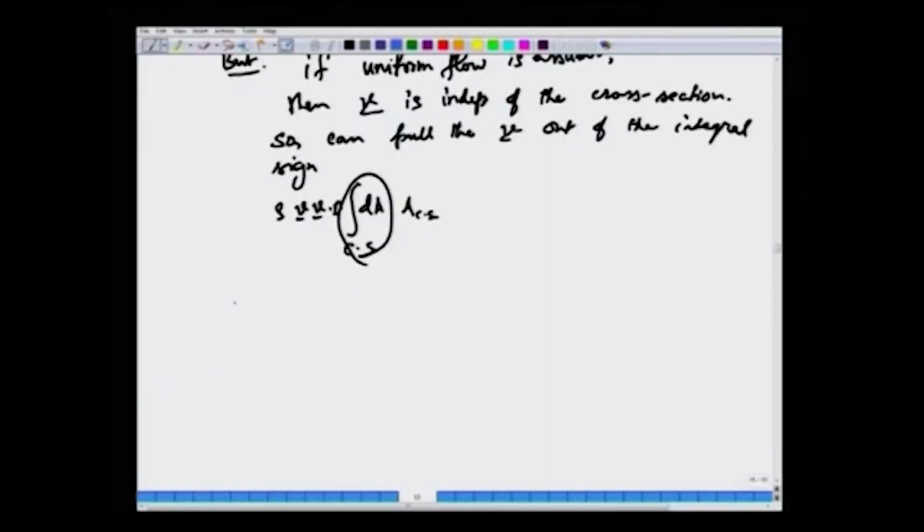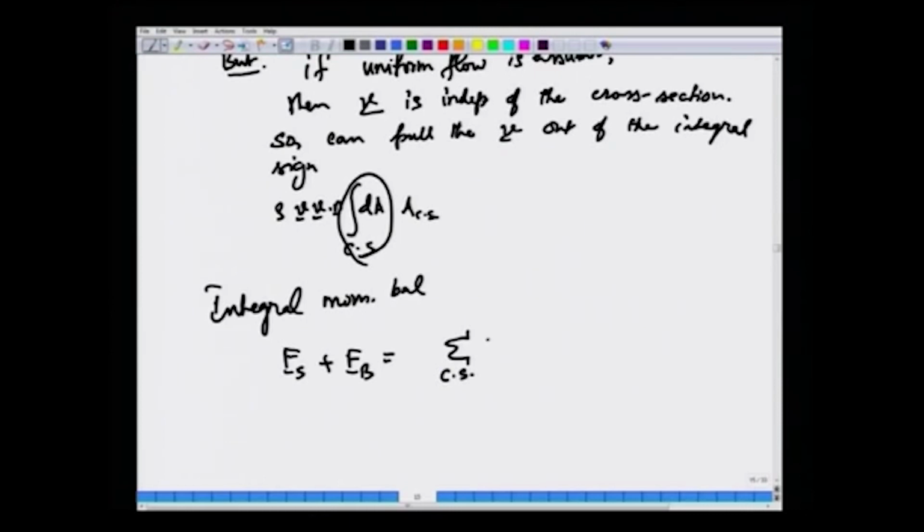So, in this example we will assume the flow to be uniform. When the flow is uniform, the integral momentum balance becomes: F s plus F b is the summation over all the cross sections of v rho v dot n times A. This is the momentum balance.